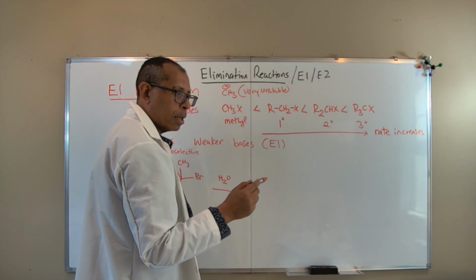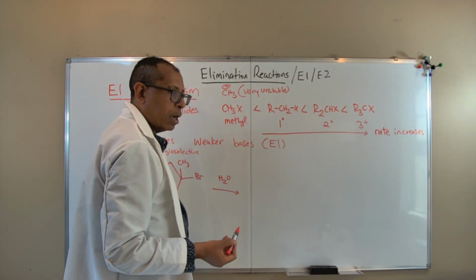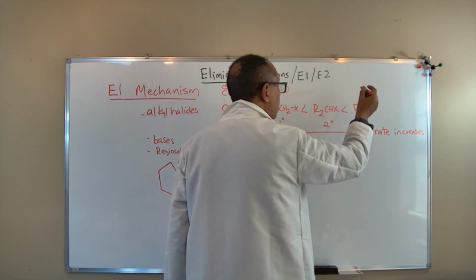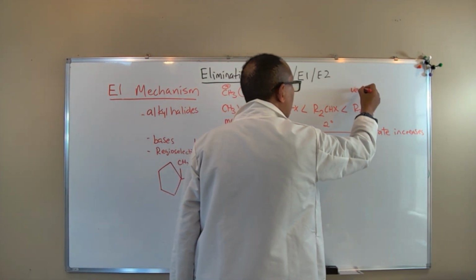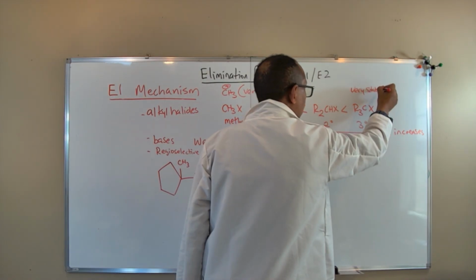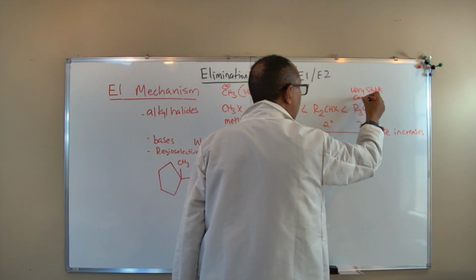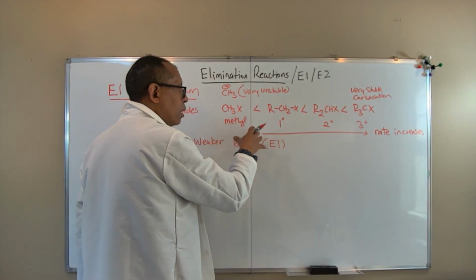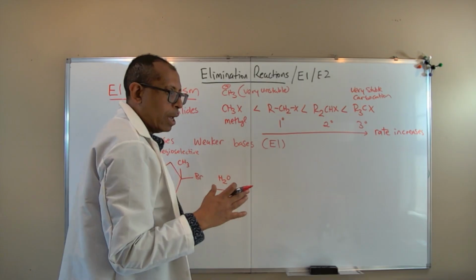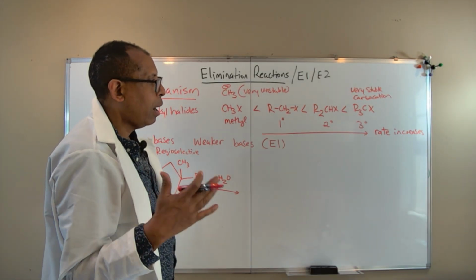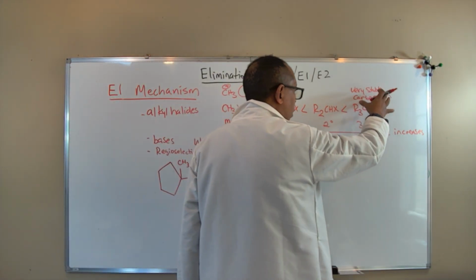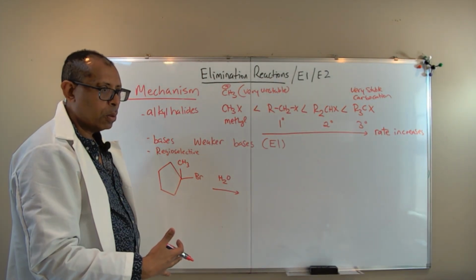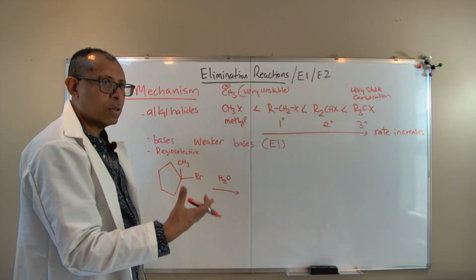Primary is also not great for forming a carbocation, but as you go from primary to tertiary, a relatively very stable carbocation can be formed. So the rate of the E1 reaction is higher for stable carbocations because they are easy to form because they are stable.